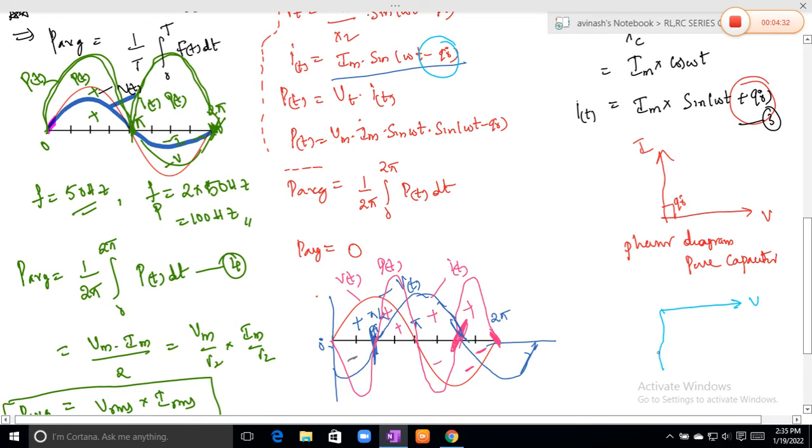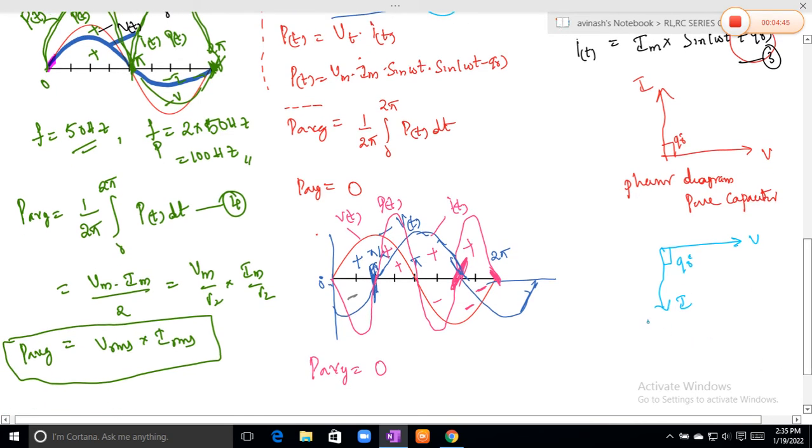Current is lagging by exactly 90 degrees. So this is nothing but the phasor diagram for pure inductor.